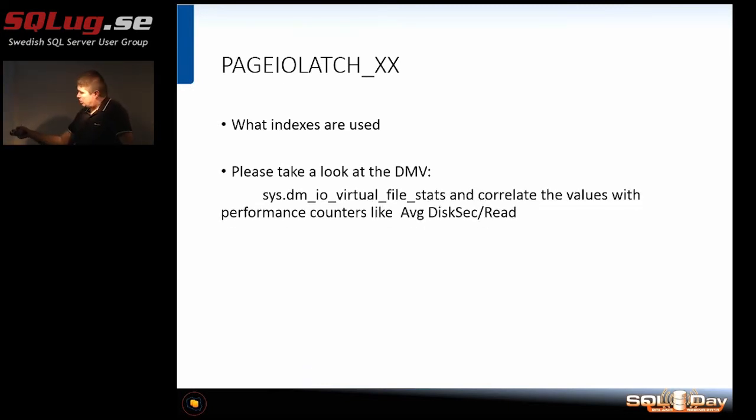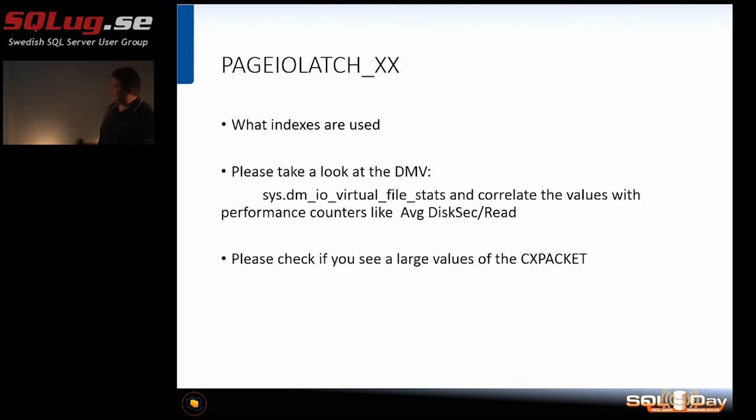We should correlate sys.dm_io_virtual_file_stats and correlate this with perfmon counters, like seconds per read. We have to check if those two latches I showed you before, CXPACKET and PAGEIOLATCH, have, let's say, high waits, because that can mean that we really do a table scan.